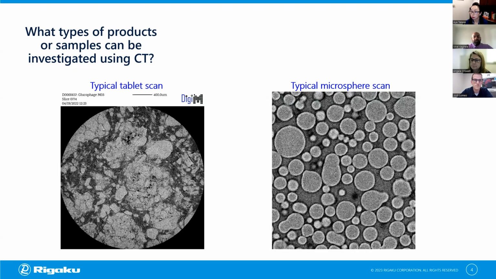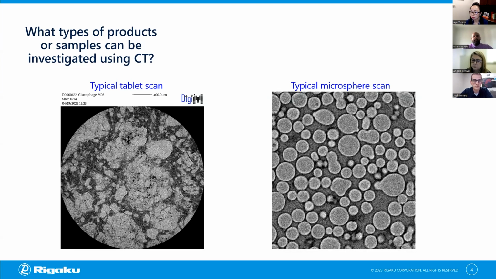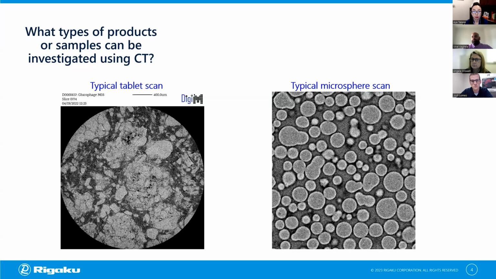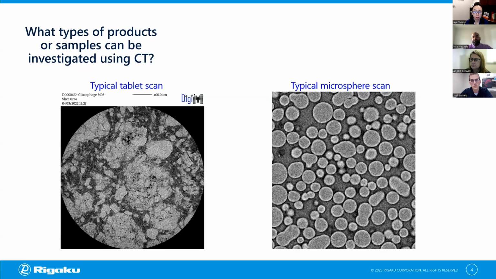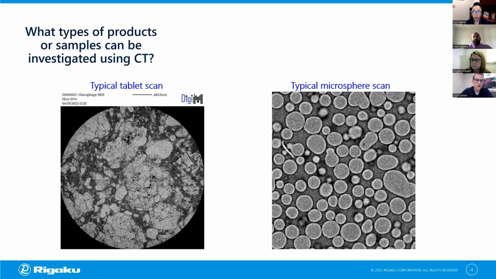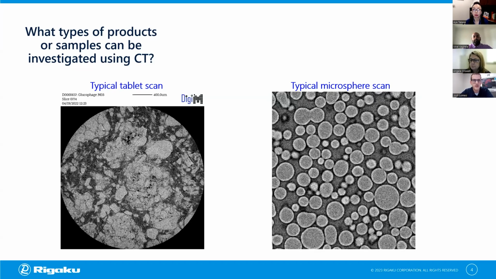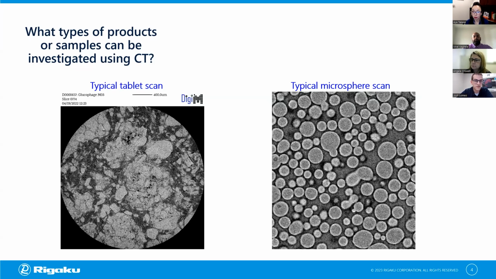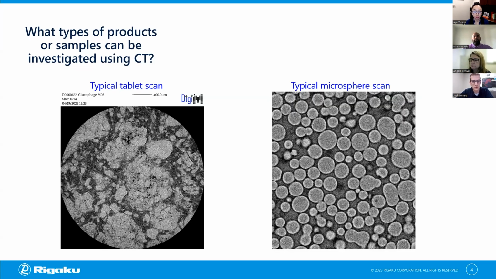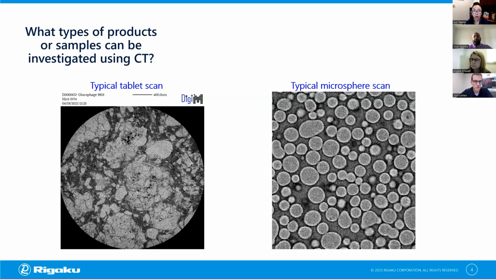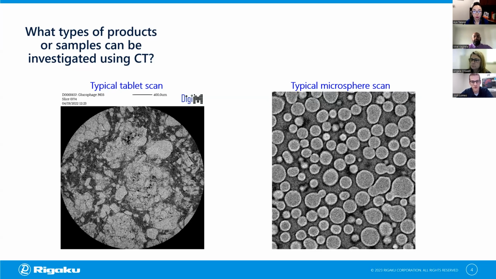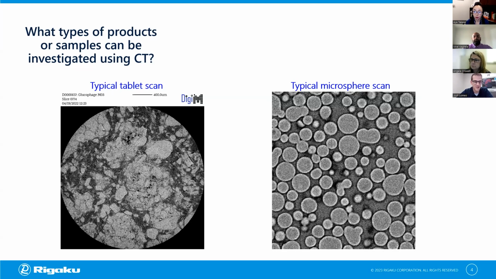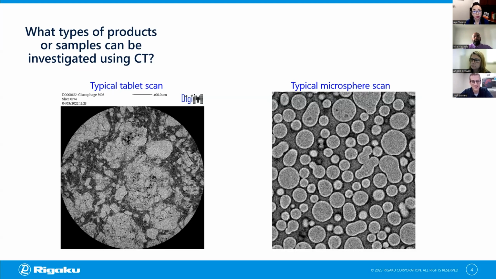Yeah, the question here is, what is the sample preparation like for soft samples like an ointment to be scanned on a CT instrument? So the beauty of CT technology is that we can even scan the ointment in its inherent tube. We want to try and avoid the aluminum tubing in the field of view, because that can introduce some hardening artifacts passing through that higher density material.